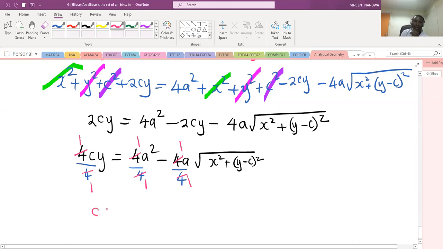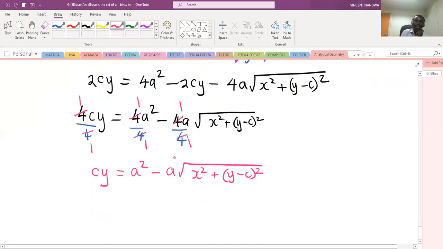I get cy equals a squared minus a square root of x squared plus (y minus c) squared. So I take this to the left-hand side and take this one to the right-hand side so that I have a square root of x squared plus (y minus c) squared equals a squared minus cy.